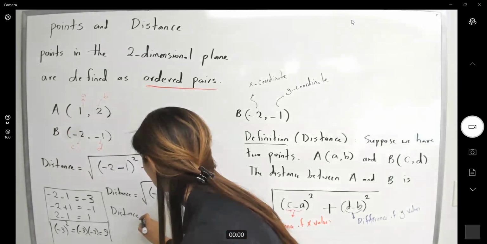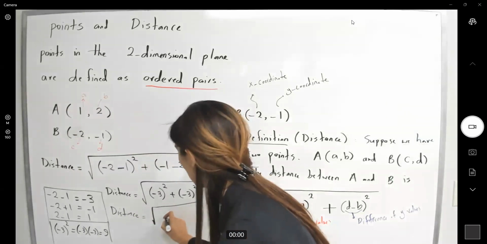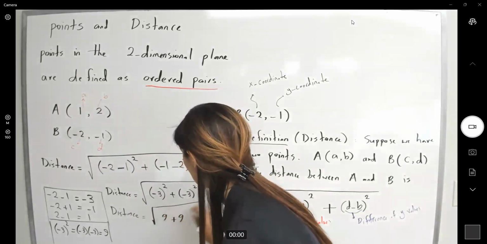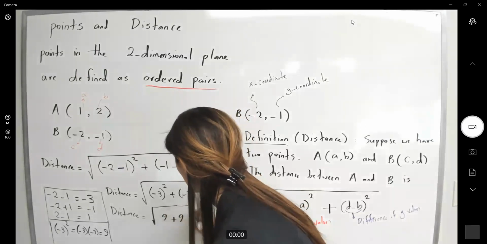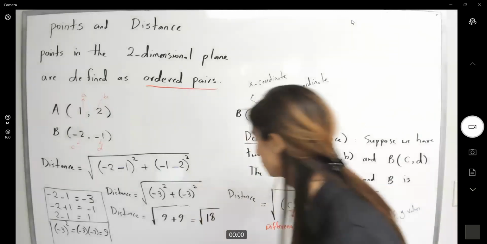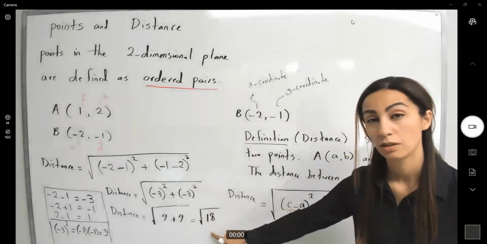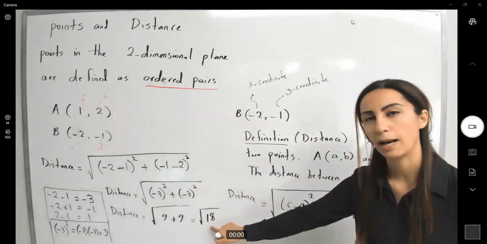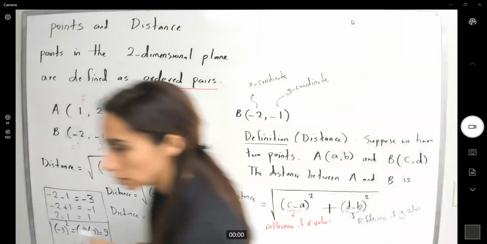So the distance so far is equal to square root of 9 plus 9. 9 plus 9 is just 18. So you get square root of 18. We can use a calculator to approximate this number.